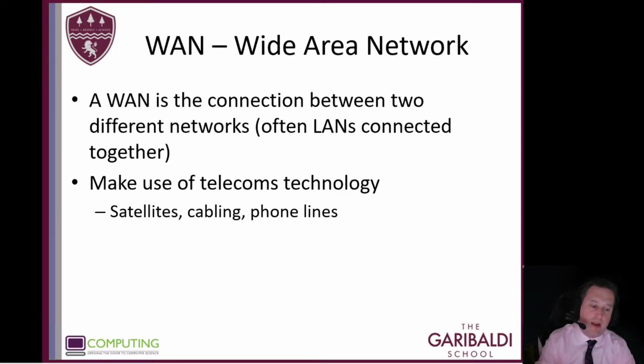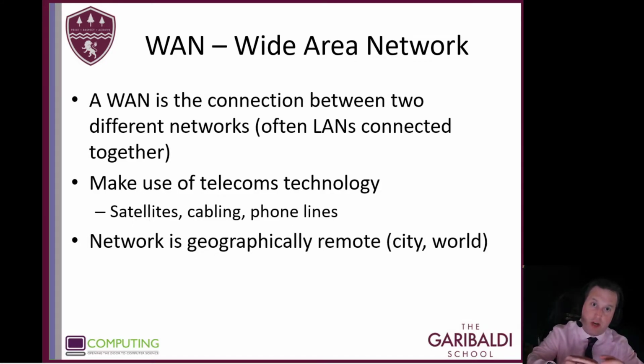You'll use somebody like BT or Virgin Media or somebody that's going to supply third-party cabling to allow you to connect to that outside world. And you'll use a router to make that connection, because as you will look later when we look at the hardware, we need to connect one network to another. The router does that. We're now gone from a LAN to a WAN.